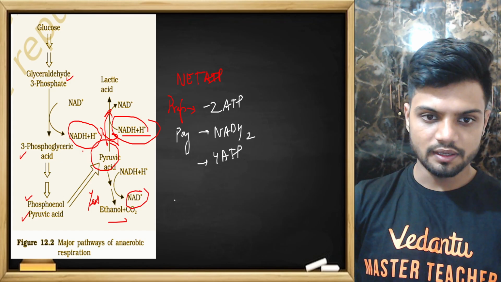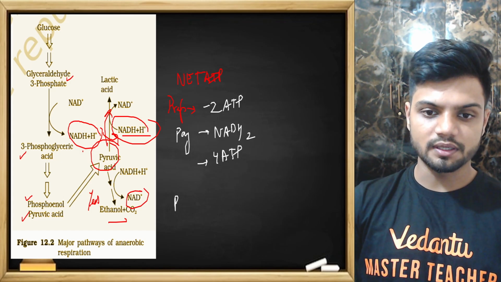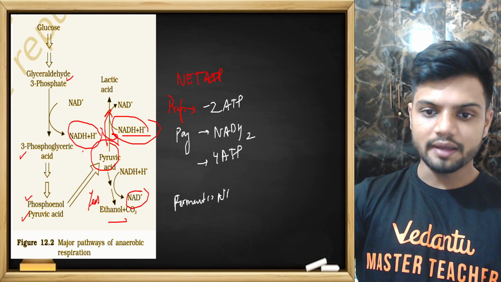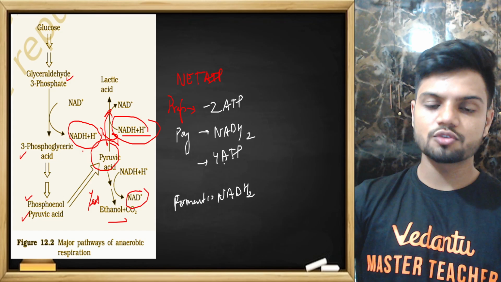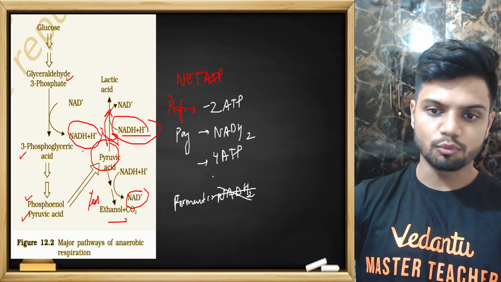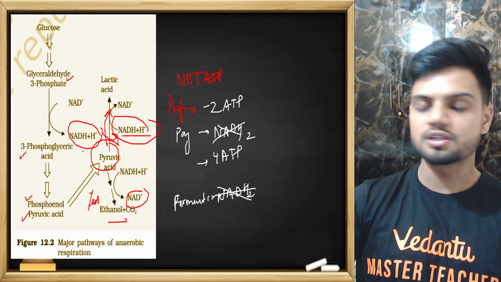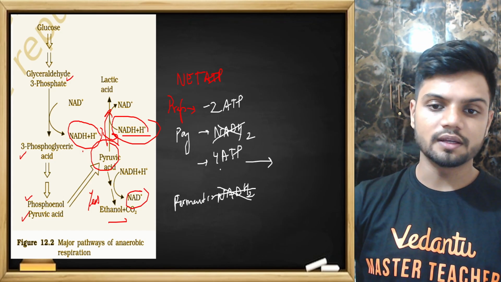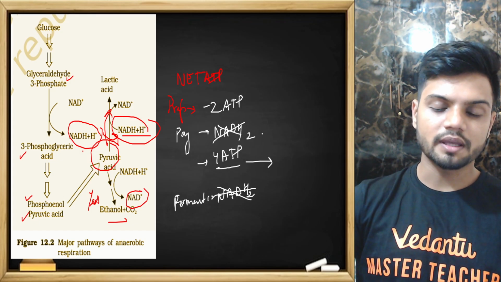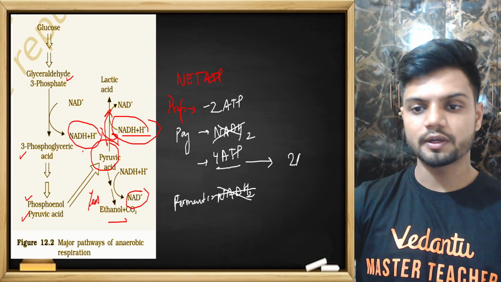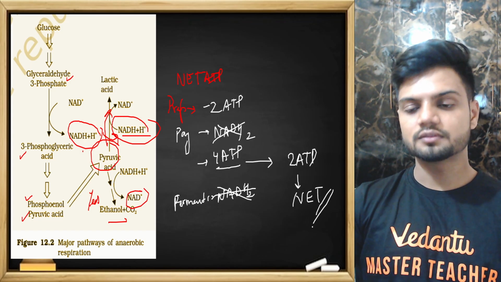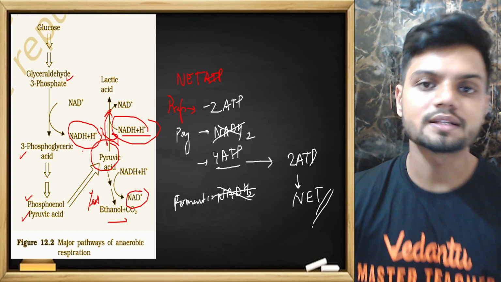In both fermentations, NADH is used up here. Can you see the use? So I can cancel both of them. So what is the ATP now? 4 ATP here, -2 ATP here. 4 minus 2 is 2 ATP. So 2 ATP is the net gain in the entire process.